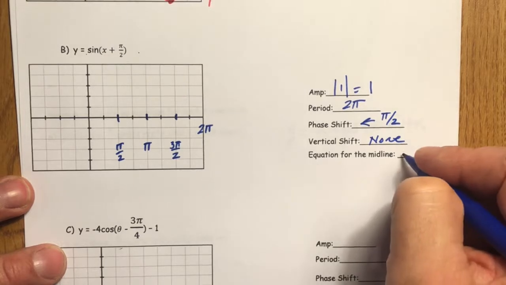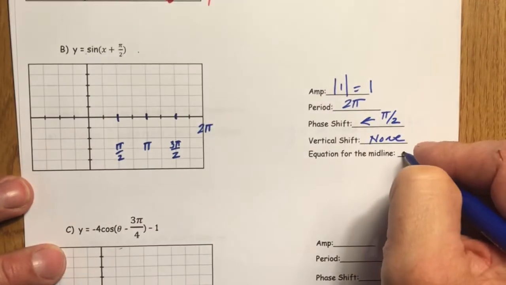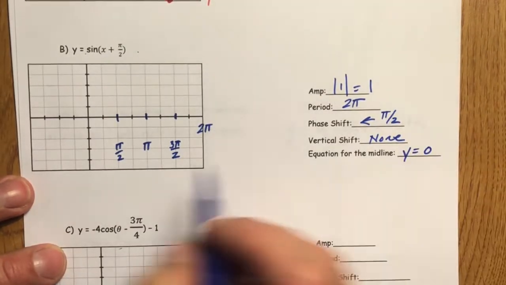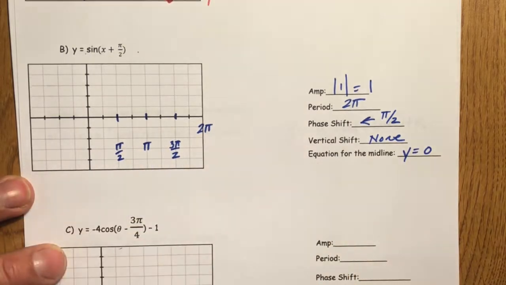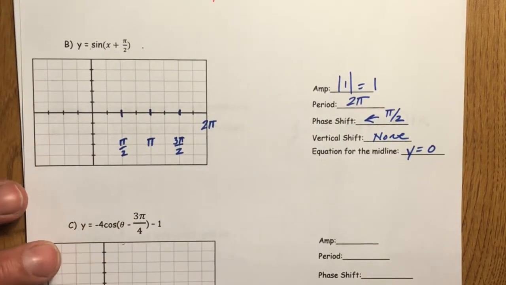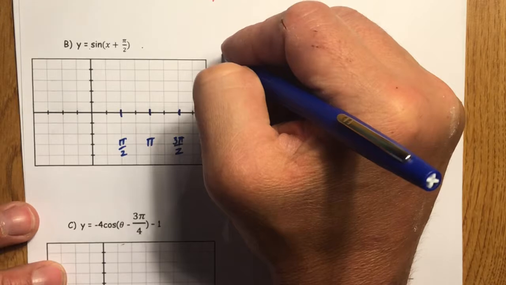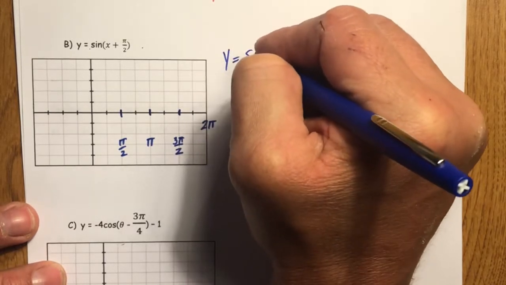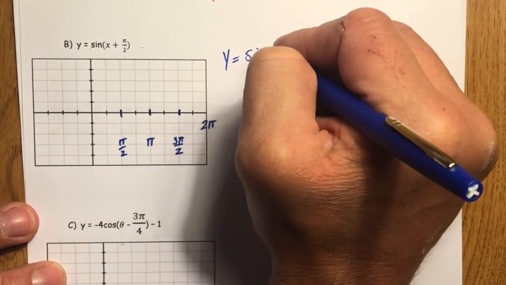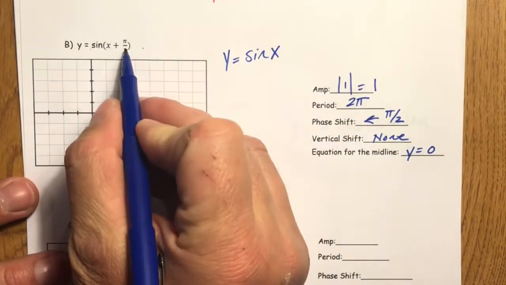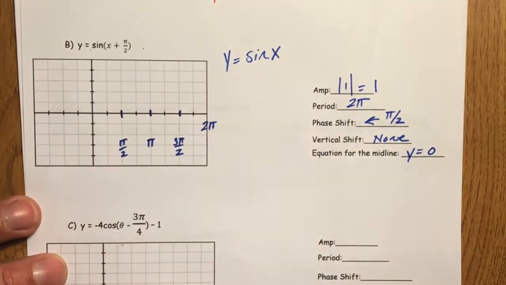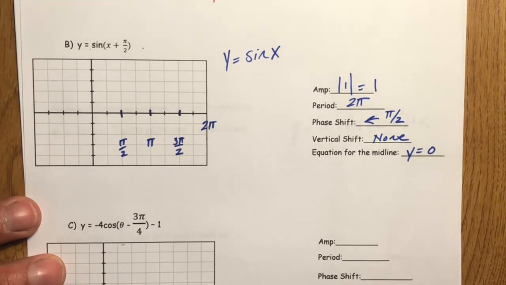If there is no vertical shift, that means my midline is going to be y equals 0. So once again, we are going to start off by graphing y equals sine of x. We're going to ignore that phase shift and just graph that parent.